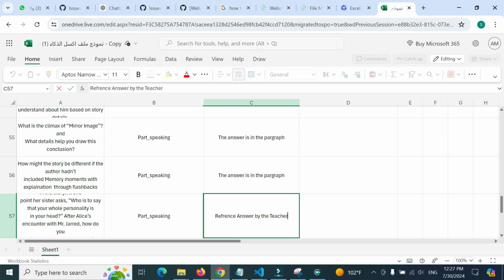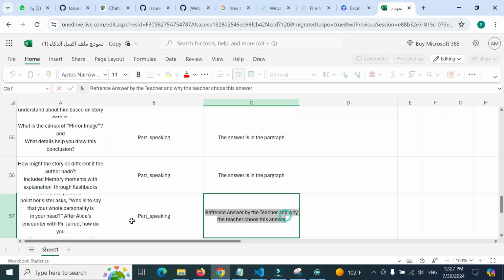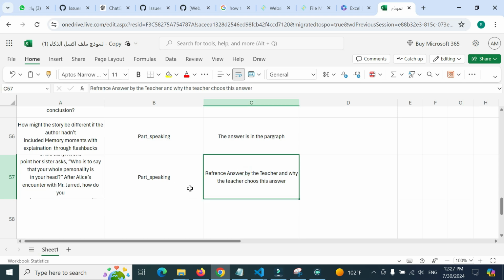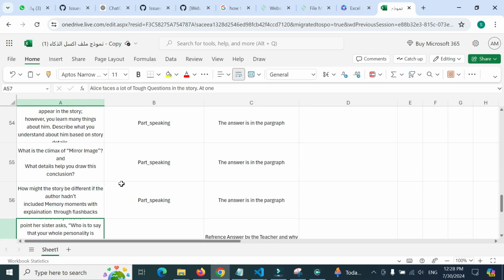So reference by the teacher, and why the teacher chose this answer. Okay, so I believe in this way we may, sorry, not trick, but help the AI understand why our answer is correct. So if the student says something completely wrong, the AI can still understand why the student's answer is wrong.